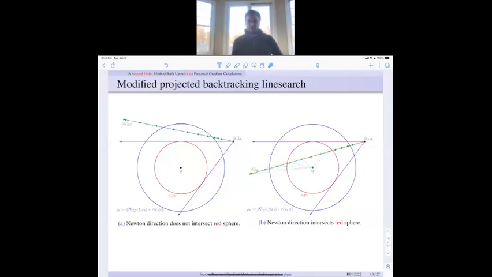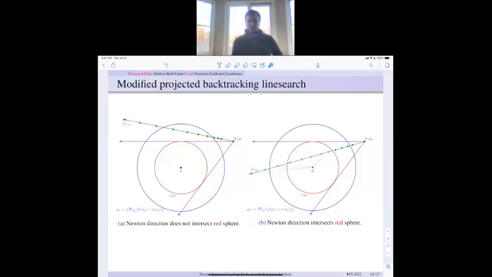The picture on the left is a little bit different. We have the same xk, but in this example I've assumed that the step points away from the origin, so it's outside of the red circle. Technically it's at first going closer to the origin, but when I say away, I just mean outside of the red circle. In this case, we would just do a standard backtracking line search without any projections.